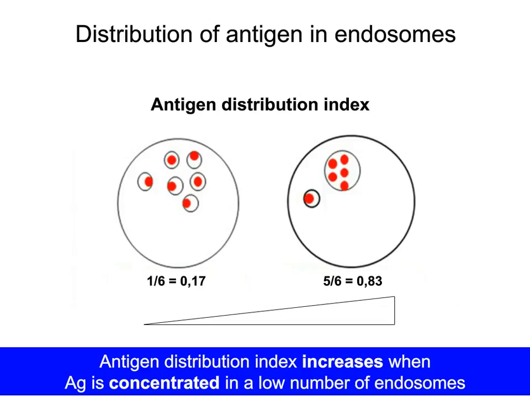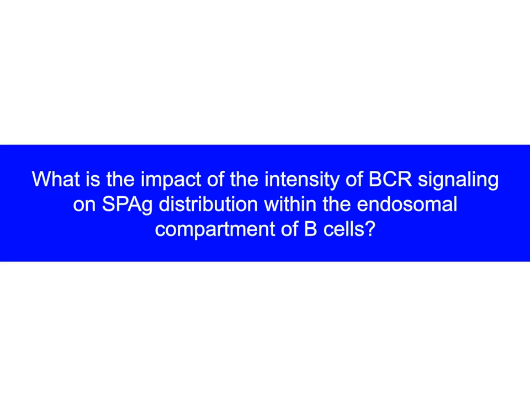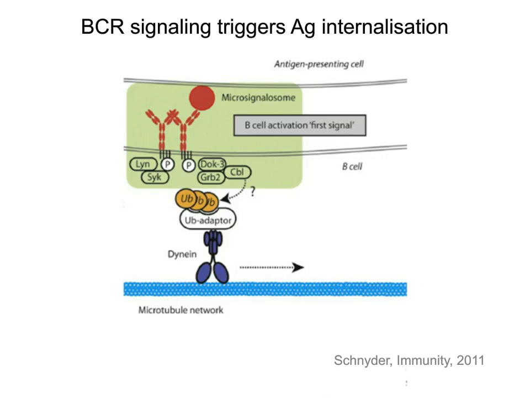So now that we have all these tools set up, we have decided that we would study the impact of the intensity of BCR signaling on SPAG distribution within the endosomal compartment of B cells. Why so? Because, as I told you before, it is the BCR signaling cascade that triggers the association of microsignalosomes with dynein.